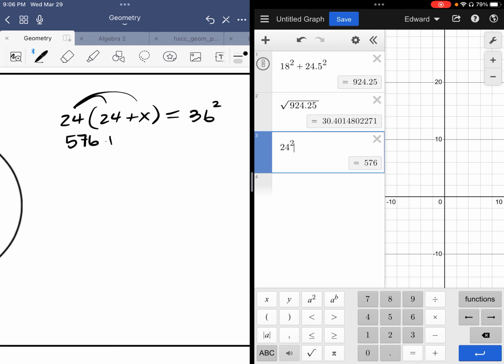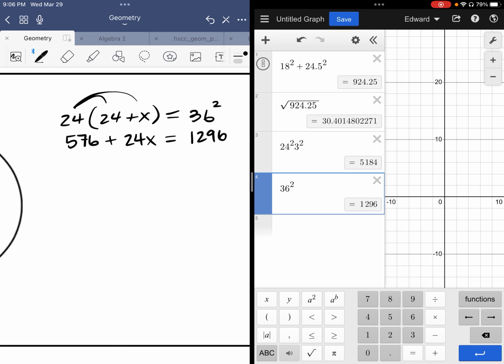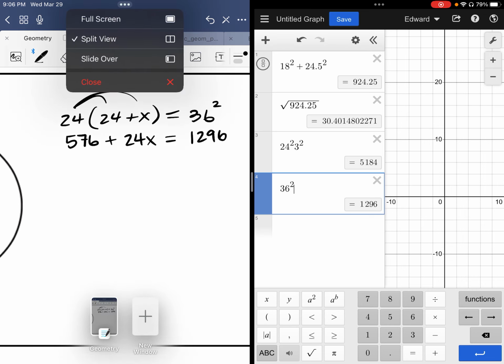I generally don't know the ones larger than 17. And then we get 24x is equal, and then we'll do 36 squared. Ooh, that's not what we want. Let's ignore that. 36 to the power of 2 is 1,296. All right, that's all we probably need for Desmos.